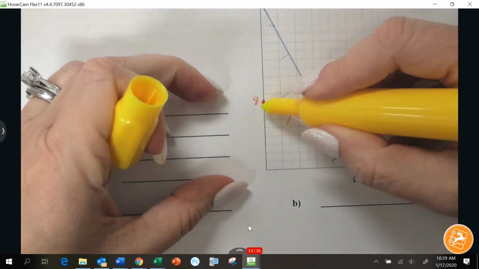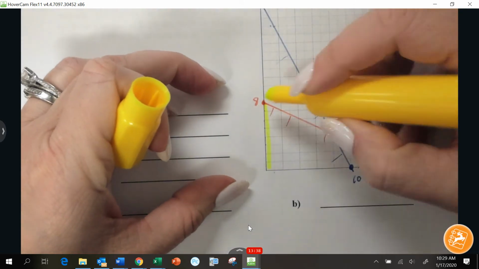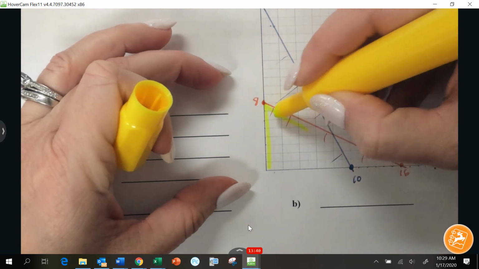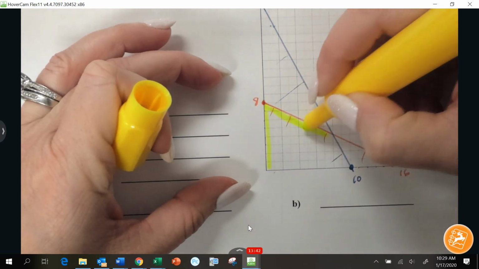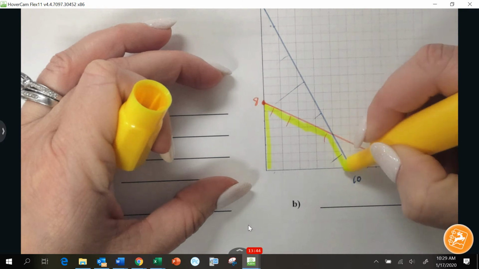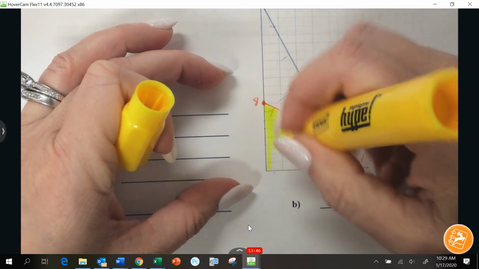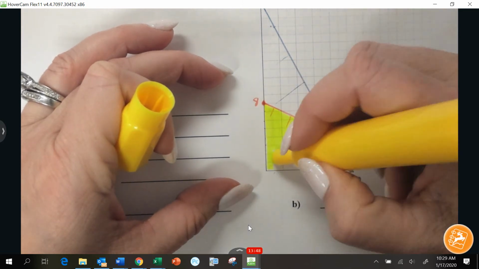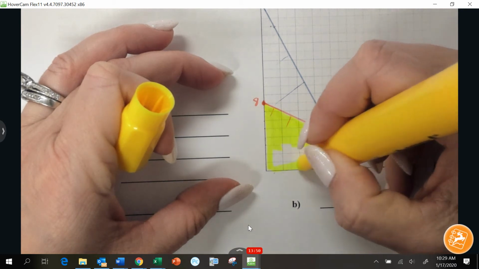Then they overlap. I also have the two other constraints, which make me shade in the first quadrant, but since your teacher only gave you the first quadrant, I don't really need to shade that part.